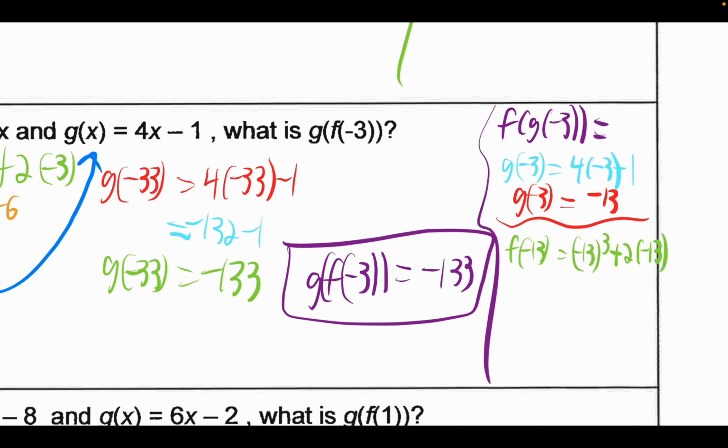And so I have to do here negative 13 to the third power. That means that I would get negative 2,197 minus 26 as I do 2 times negative 13. So that gets me f of negative 13 equals negative 2,223. So f of g of negative 3 is negative 2,223. Very much so not the same as negative 133.